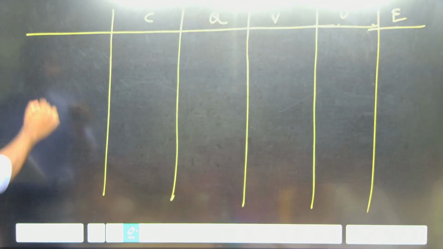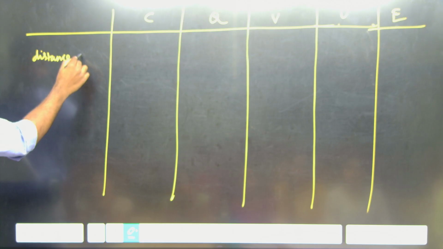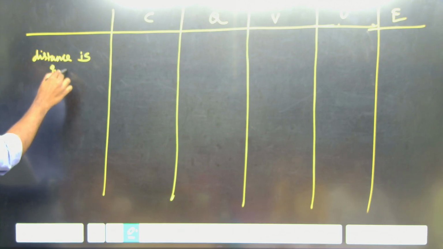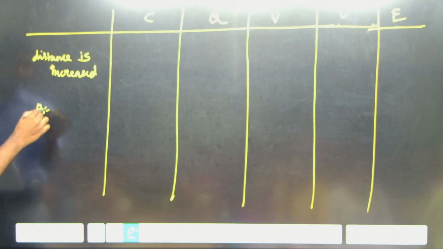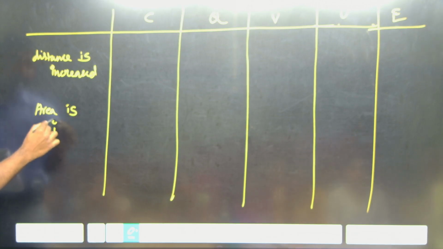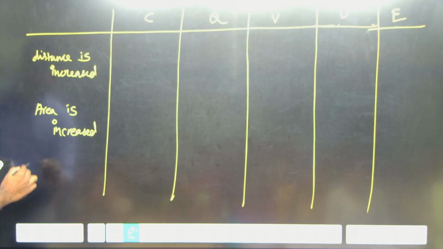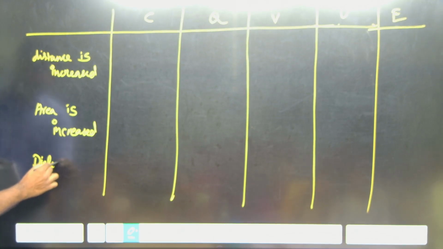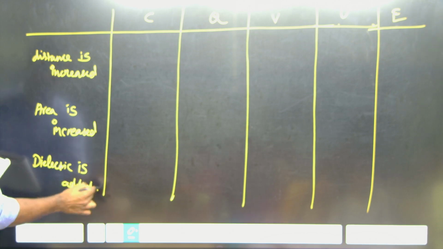Electric field. So distance is increased, area is increased, then dielectric is added.